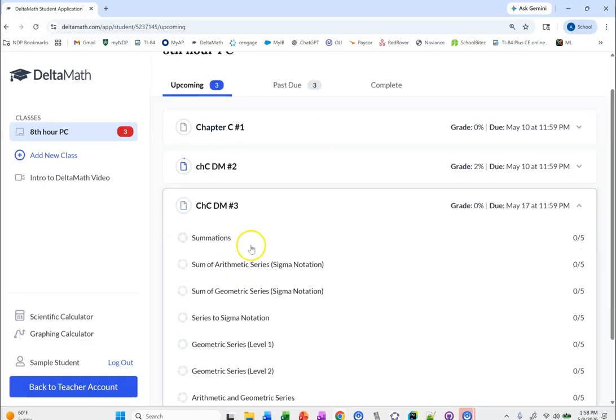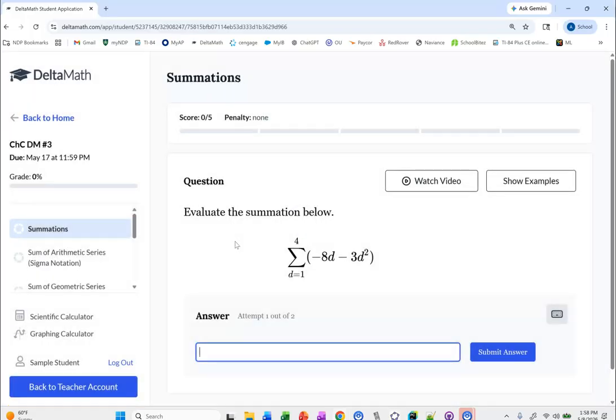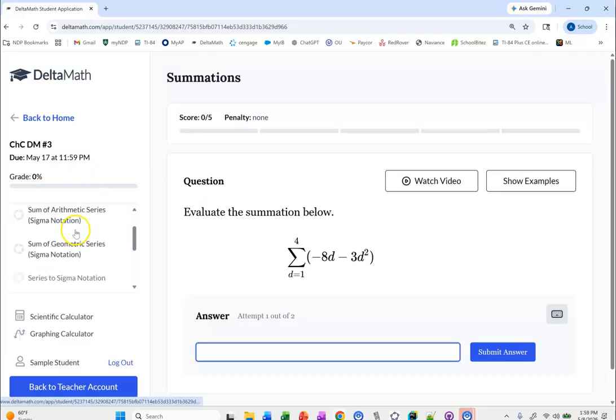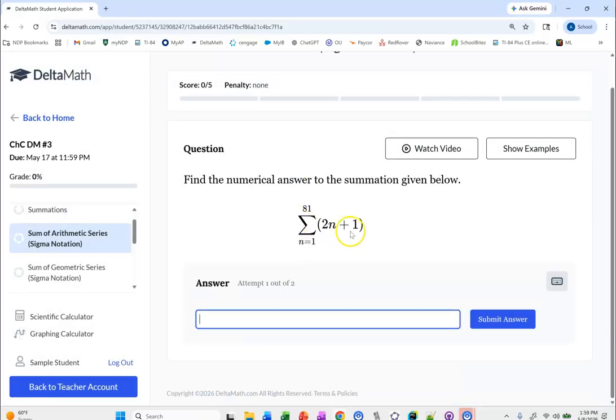So this is Delta Math 3. The first type of questions are summations. How do I expect you to do this? Type that bad boy in your calculator and press enter. Type in the number you get. Everybody's okay? This one is all arithmetic series.